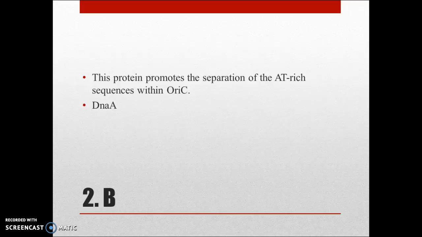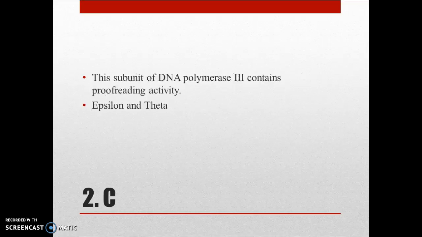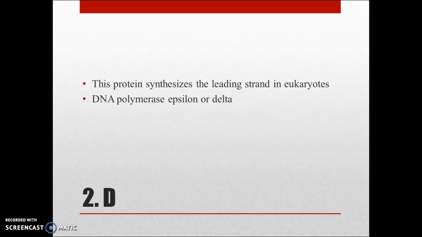For B, this protein promotes the separation of AT-rich sequences within the OriC, and this is DnaA. This subunit of DNA polymerase 3 contains proofreading activity, and this is for part C, it's epsilon and theta. For D, this protein synthesizes the leading strand in eukaryotes, and it is DNA polymerase epsilon or DNA polymerase delta.